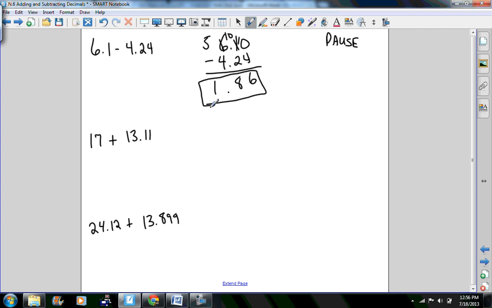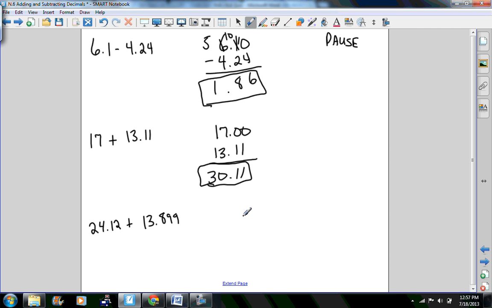Yep, that looks right. This one ends up being 17.00 plus 13.11, which becomes 30.11.